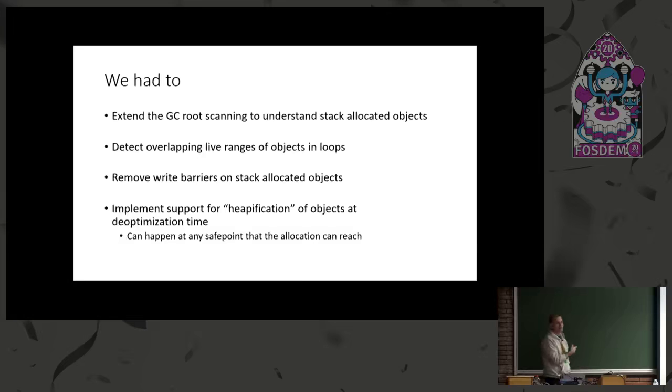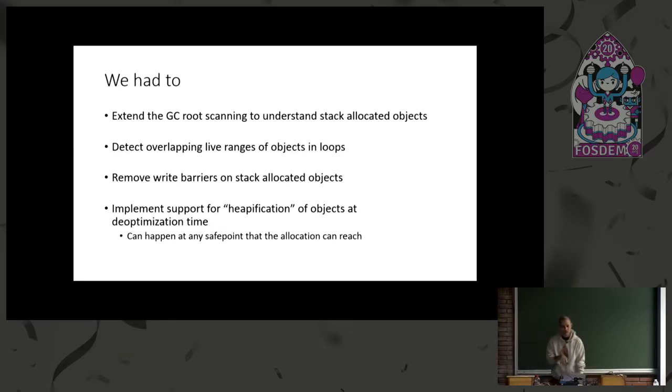So there was other stuff we had to worry about. As soon as we did that, we immediately got asserts in the garbage collector that said, what the hell is this? You're giving me an oop reference on the stack? That's not right. So we had to extend GC root scanning to support these objects, because what it'll look like is a local on the stack that points to another stack location, which didn't quite sit right.